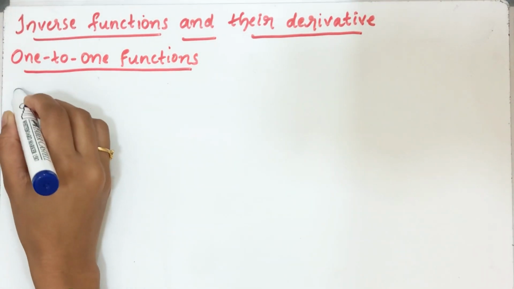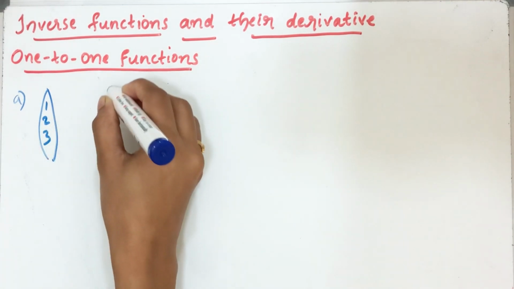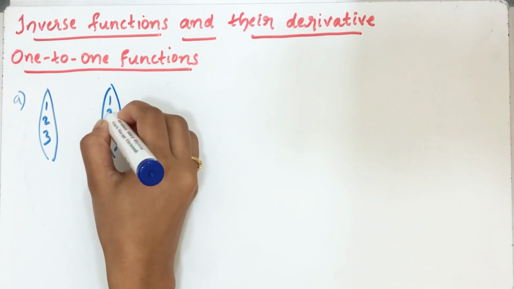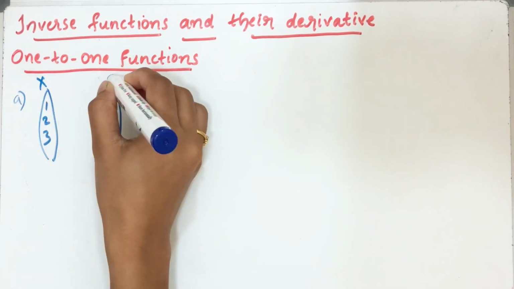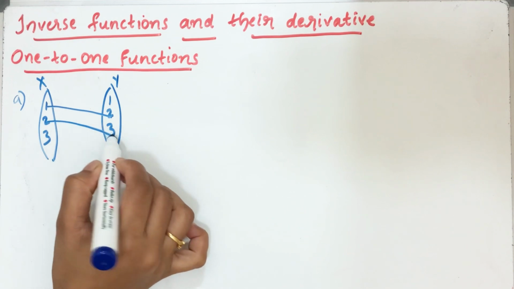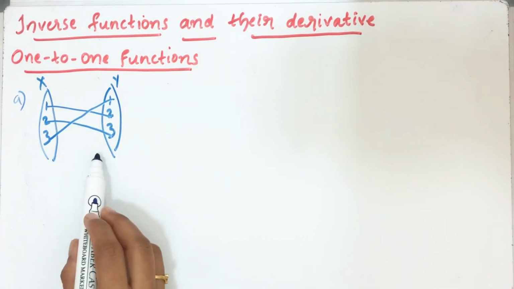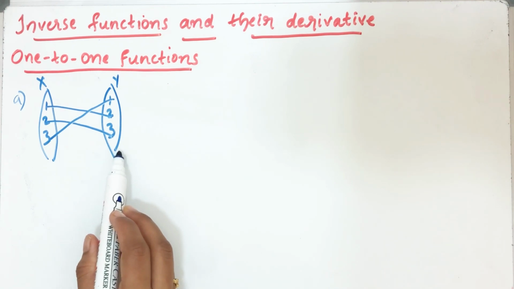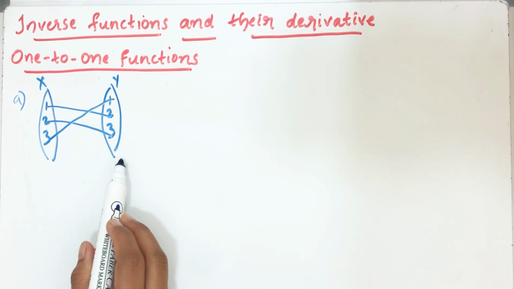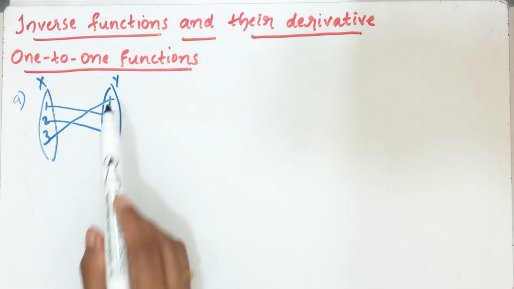First example: x is equal to 1, 2, 3. Y is equal to 1, 2, 3. 1 maps to 2, 2 maps to 3, 3 maps to 1. Here this is a function which is both 1-1 and onto. It is a function because each element of x is assigned to exactly one element in y.